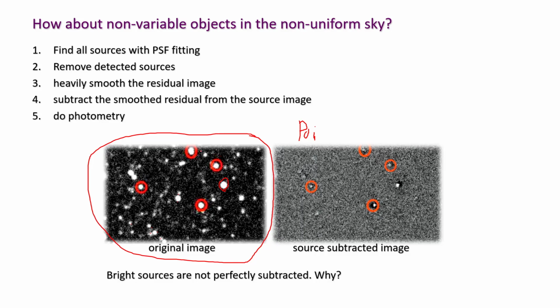So for a really bright star, the Poissonian noise is larger, right? Then this Poissonian noise fluctuates for PSF fitting. So although the PSF was really good and high quality, because of the fluctuation, you oftentimes see a large residual around these stars.